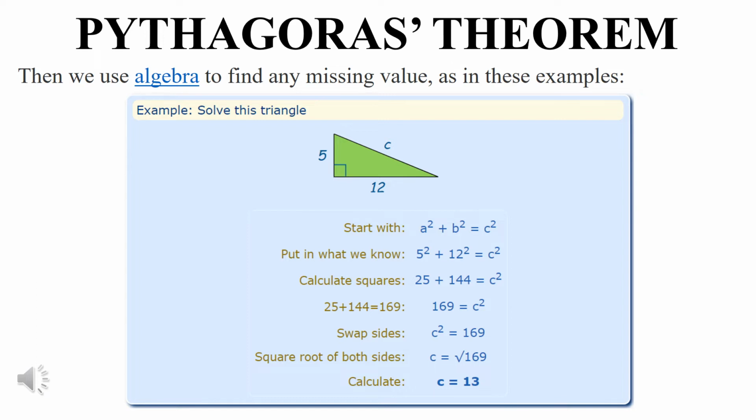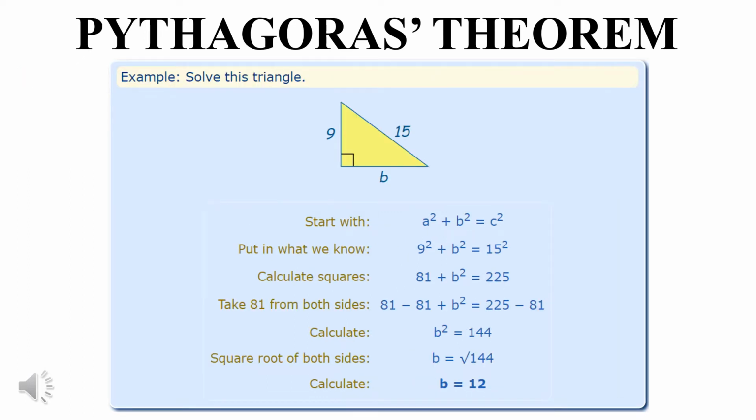Swap sides. C squared is equal to 169. Square root of both sides. C is equal to the square root of 169. Calculate. C is equal to 13.